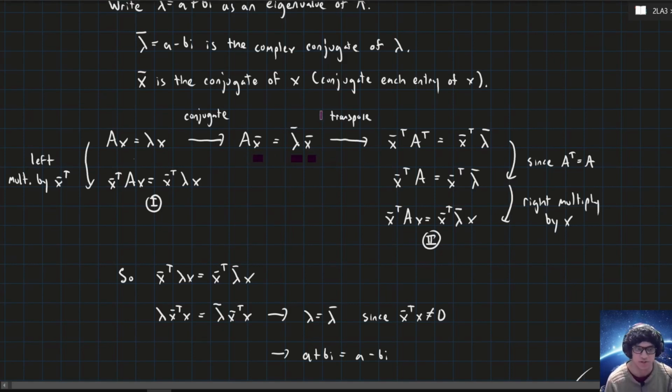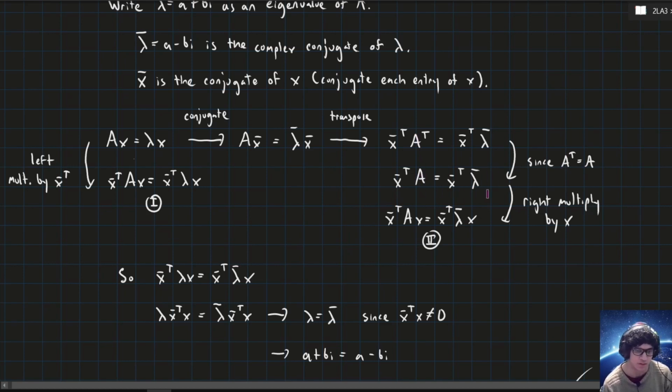Now I take the transpose of both sides of this equation. Take the transpose of this, get this. Take the transpose of this, you get this. I don't write the transpose of lambda bar because the transpose of a scalar is just itself. Now, since A is symmetric, I substitute in A for A transpose here.